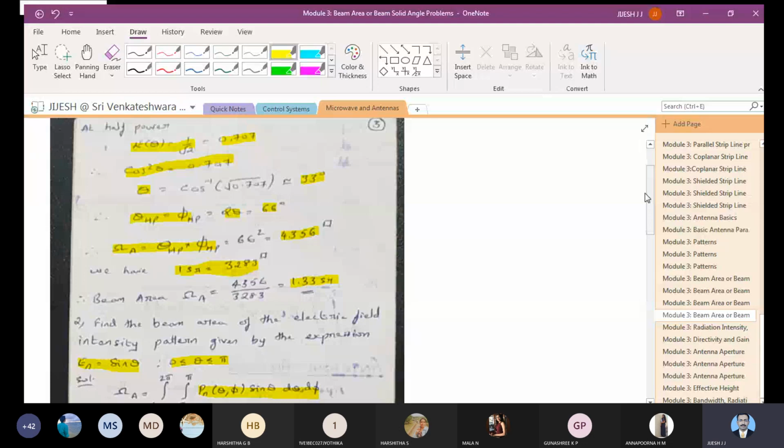All of you can attempt the integration of sine cube theta d theta d phi. Try it out and see what answer you get. If any one of you gets the answer, just let me know. It will be good that you are able to complete it without any problem, so in the examination also you will not find any difficulties.